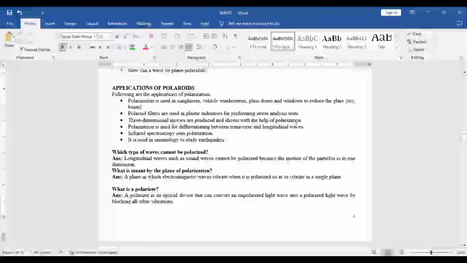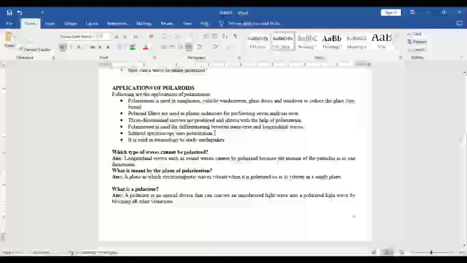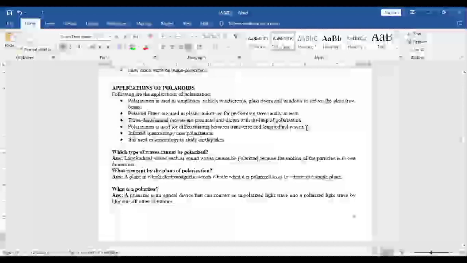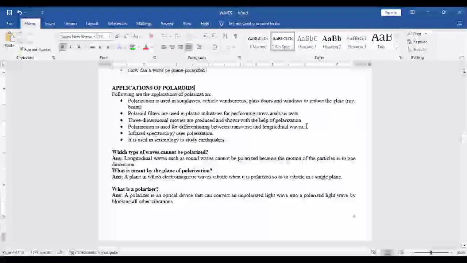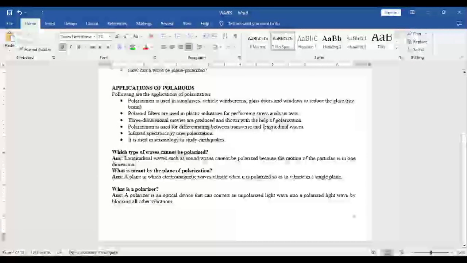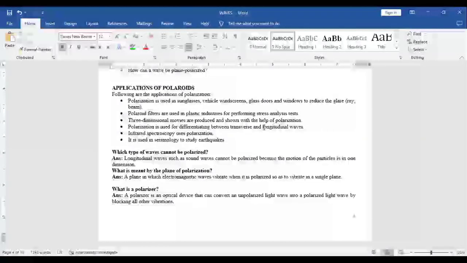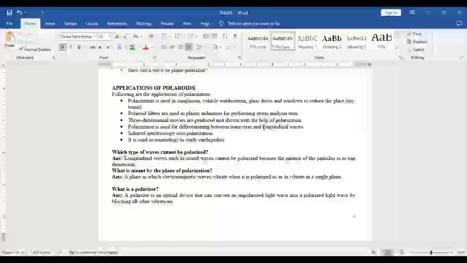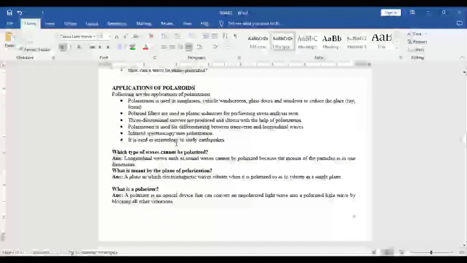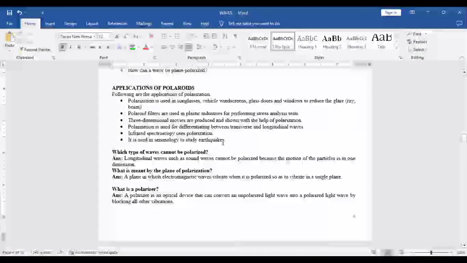So Polaroids help us to distinguish between the transverse and the longitudinal wave, being that the longitudinal wave may not be able to undergo polarization. The next point we have is that infrared spectroscopy uses polarization. Polarization is being applied in infrared spectroscopy, and in seismology, to study earthquakes.